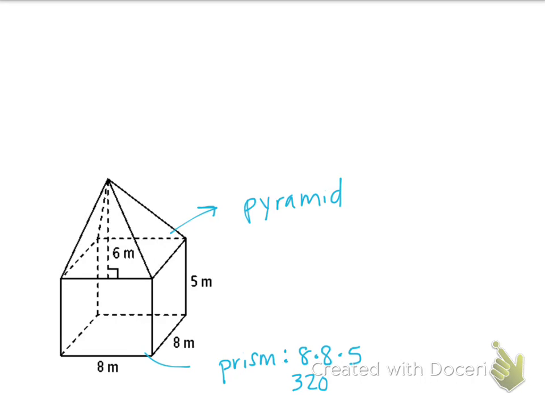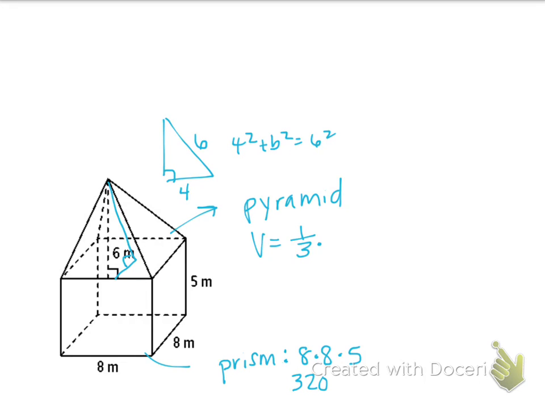Okay, we have to find the inside height, which is going to be a little weird. So that's my actual right angle. My outside piece is 6. All the way across is 8, so this part's 4. So if I do the Pythagorean theorem, I've got 4 squared plus b squared equals 6 squared, which is 3.2.